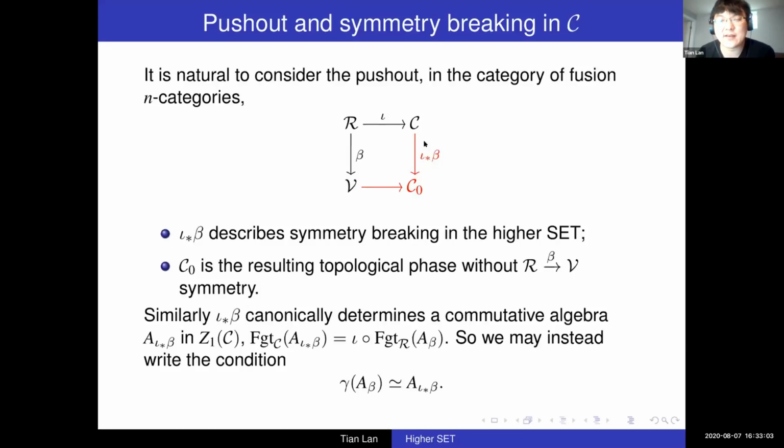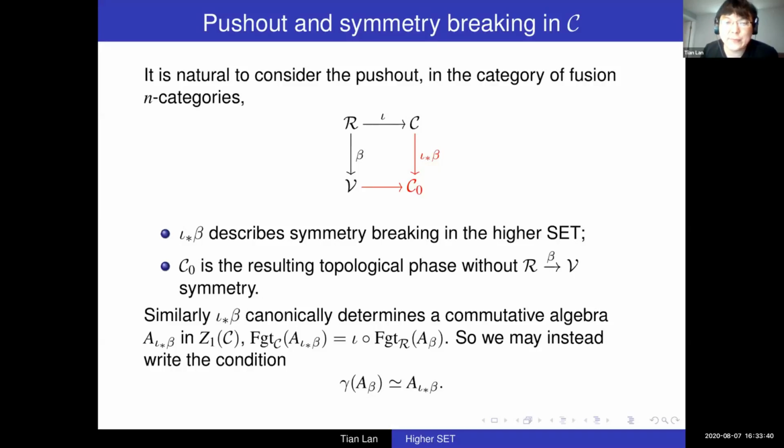This push out of beta is also a monoidal functor, so it also canonically determines a commutative algebra in the center of C. And this algebra is basically the algebra A beta that is embedded in C. And in terms of this algebra, we can instead write our condition for the equivalence as that it preserves the dual algebras in the bulk. So that's the symmetry breaking of the higher SED.